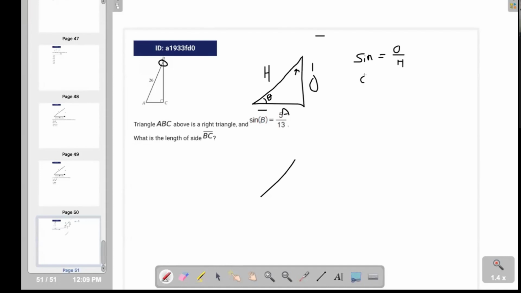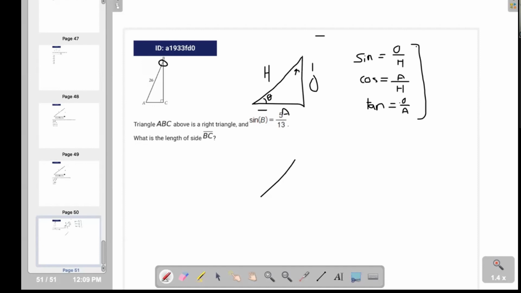Our cosine is going to be adjacent over hypotenuse. And then our tangent, which we abbreviate as tan, is going to be opposite over adjacent. So it may be confusing at first if this is the first time we're saying it, but that's perfectly fine. But these are our basic equations.